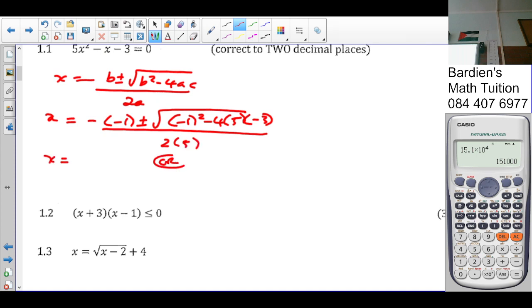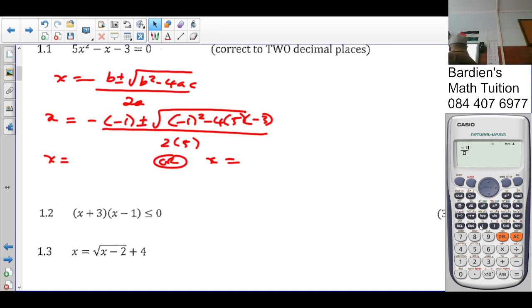So it's one of two values. Remember the question says to 2 decimal places. So if you're not going to round off properly to 2 decimal places in this question, you're going to lose your mark on this question. Okay.